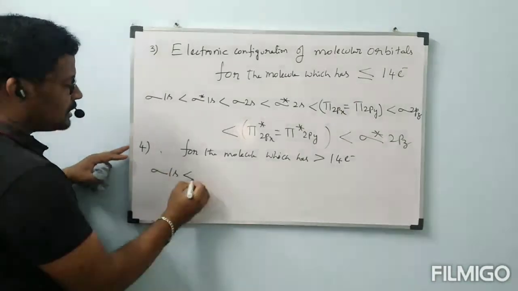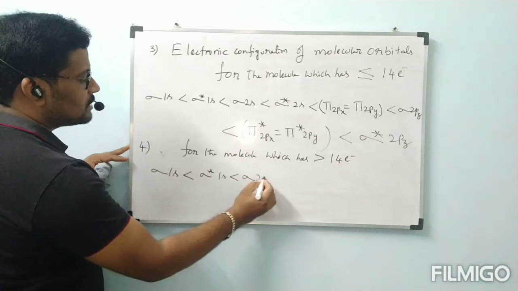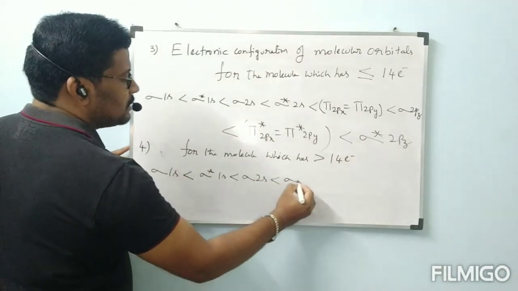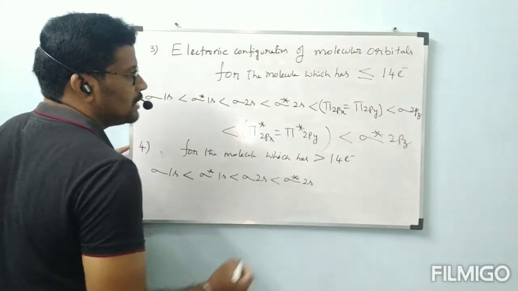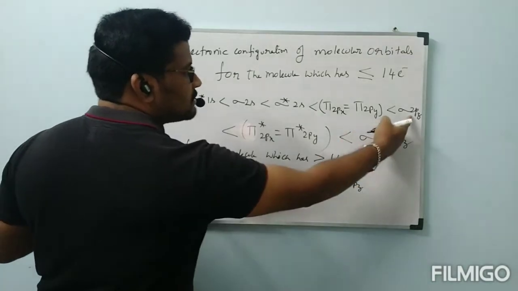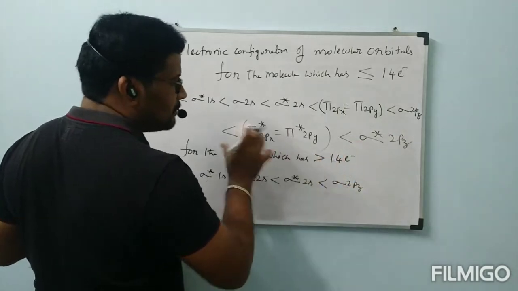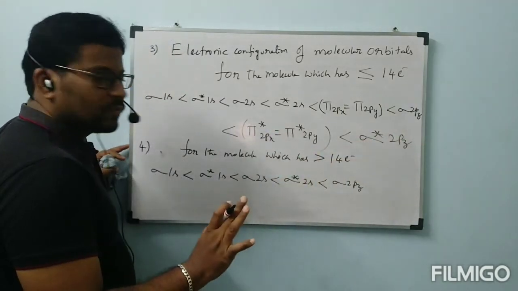Sigma 1s is less than sigma star 1s, less than sigma 2s, less than sigma star 2s, less than sigma 2pz. This one we will write here and this one we will write here. That is the only change. Remaining everything, the order will be the same.